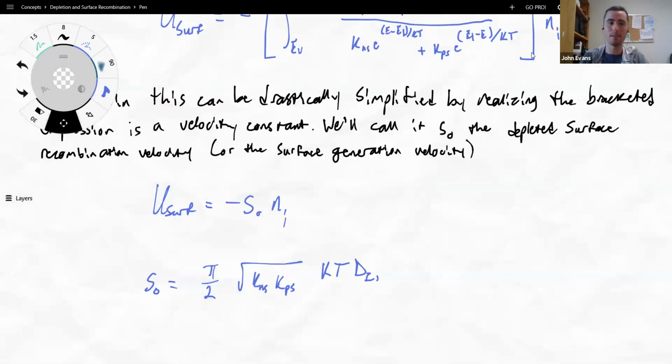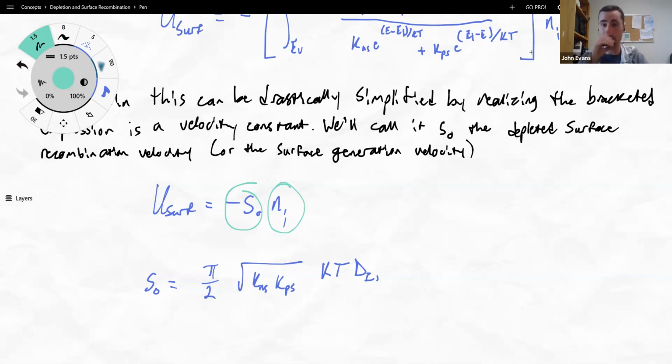So that simplifies down to this. Again, look, it's very simple. It's just the surface generation velocity multiplied by the concentration of intrinsic carriers. You can also calculate this with this sort of expression down here.